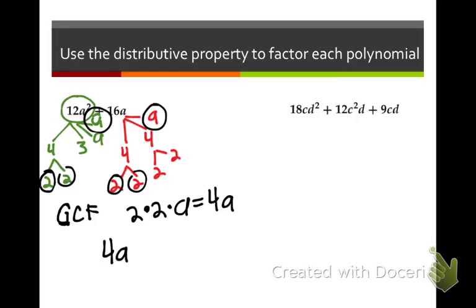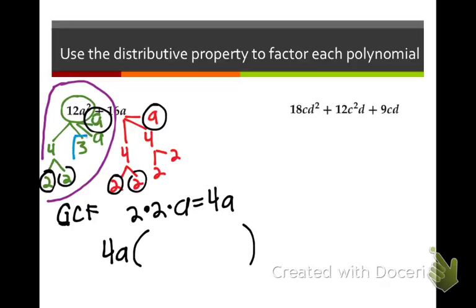Now the second part, the new part for today is, now we're going to open up some parentheses, and inside those parentheses we're going to go back to our tree, and first we're going to look at the tree over here on the left, alright? And on that tree on the left, we're going to find the prime factors that were not used.